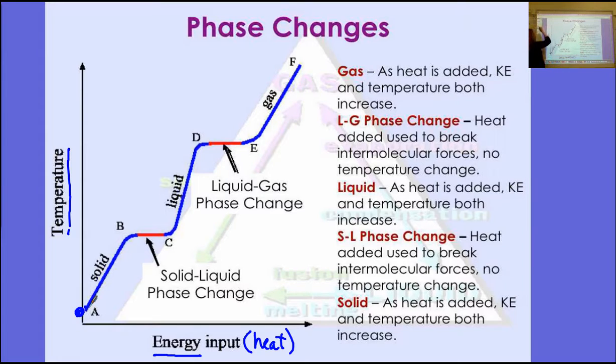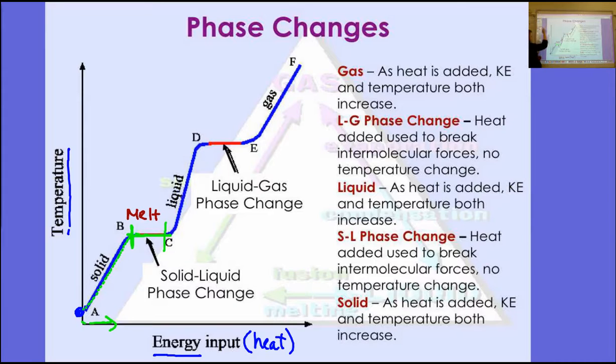As I add energy to my solid phase, it's going to warm up, warm up, warm up, until it hits a point where it's going to start melting. It's going to remain at this specific temperature until every last bit of it has melted.